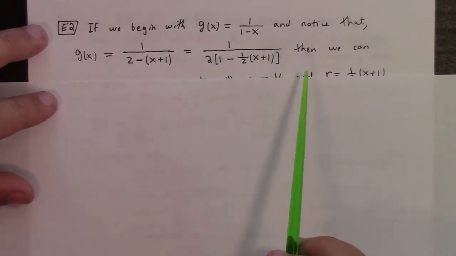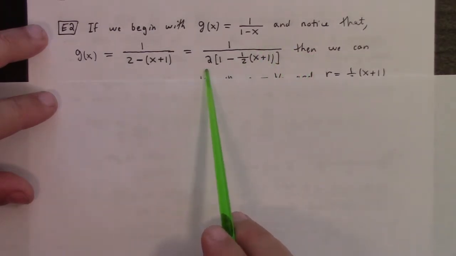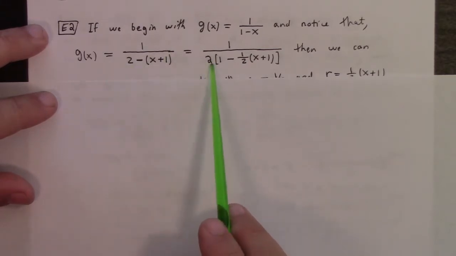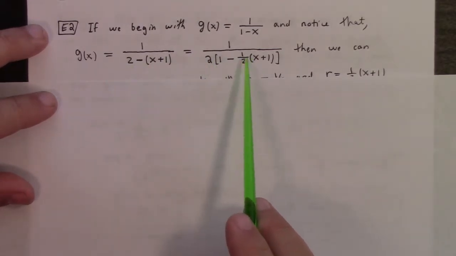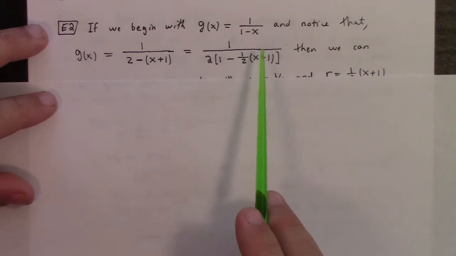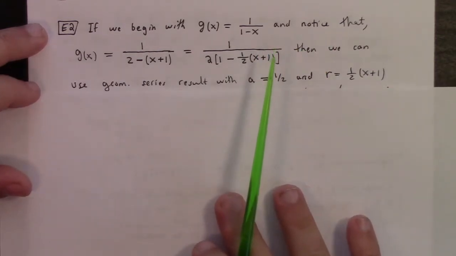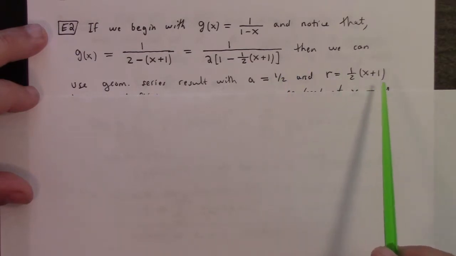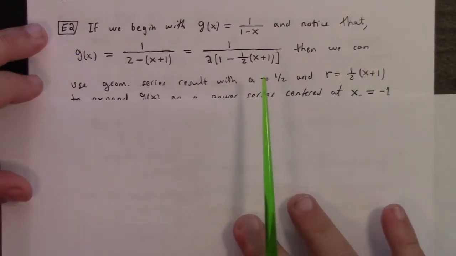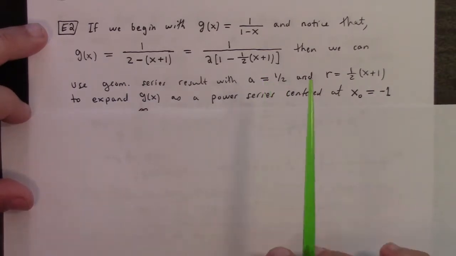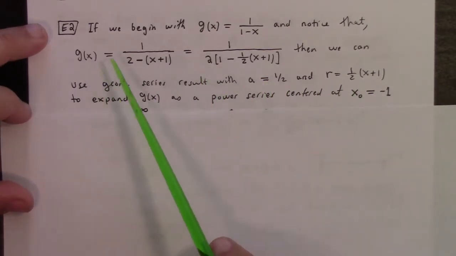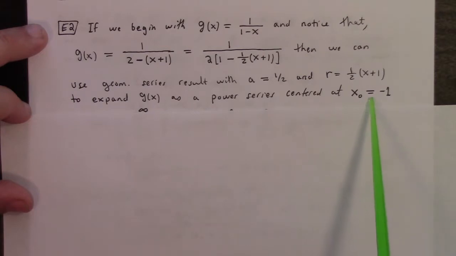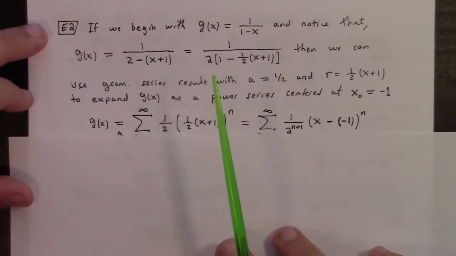Now, the reason I did that was so I could factor out a 2, so factoring out a 2 leaves a 1 minus 1/2 x plus 1. And if I do that, then I can use a geometric series result, identifying a as 1/2 and the ratio of the series is minus 1/2 of x plus 1. And so then I can expand this g of x as a power series centered at minus 1.